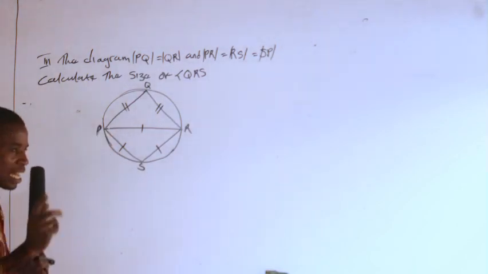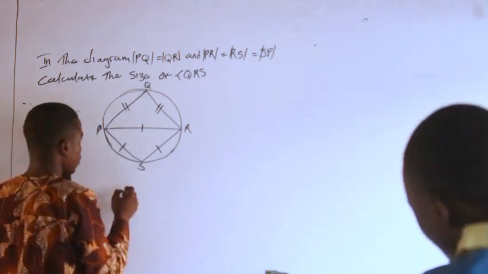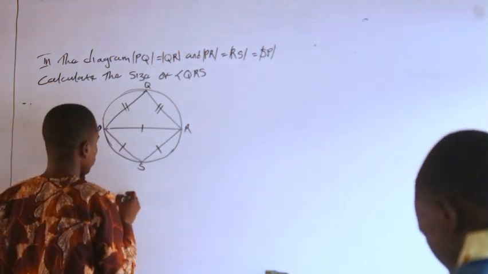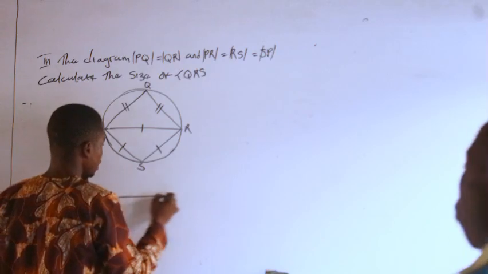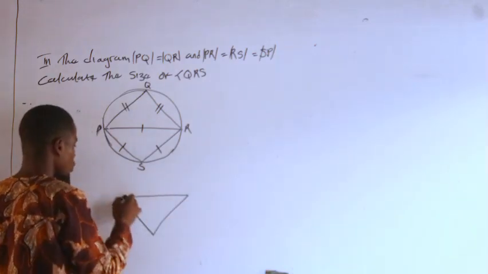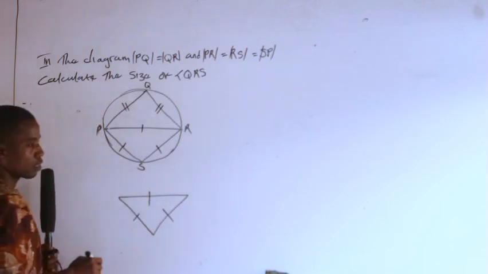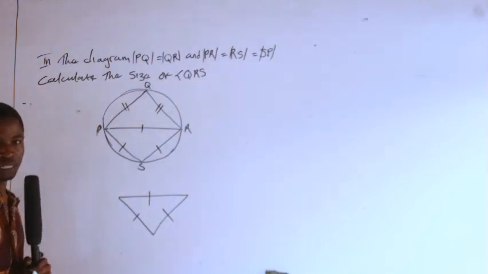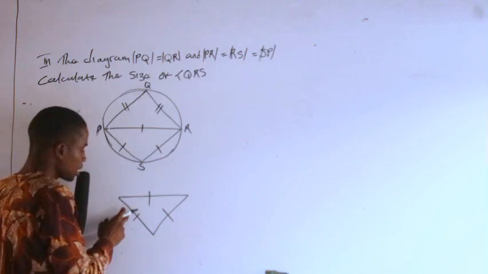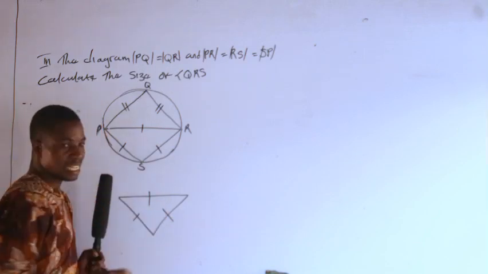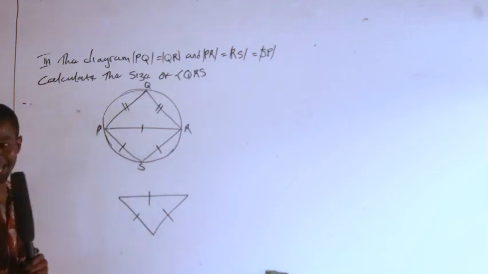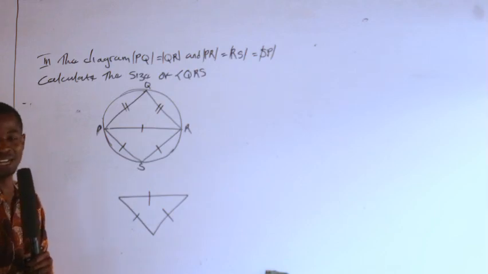Now, let me draw this one outside so that you can really understand what is going on. When we have an angle like this, and they put a mark like this, it means that they are the same thing. That's an equilateral triangle.